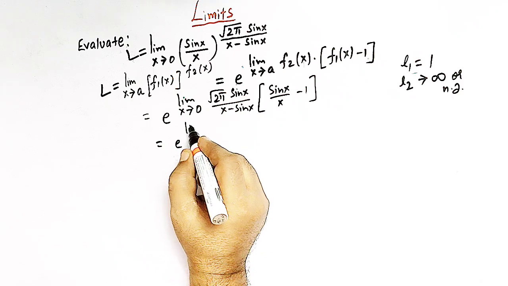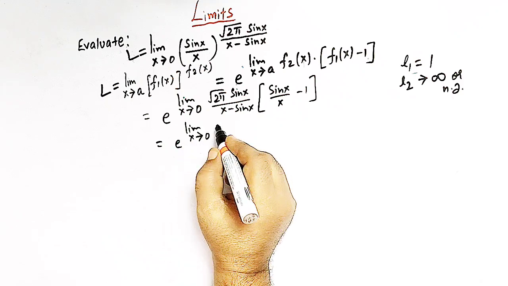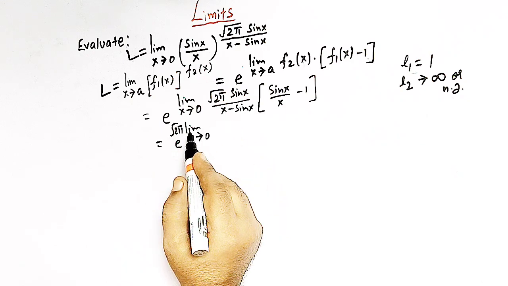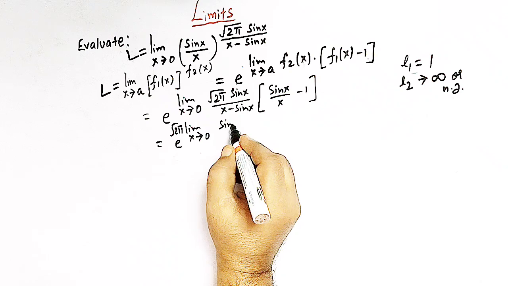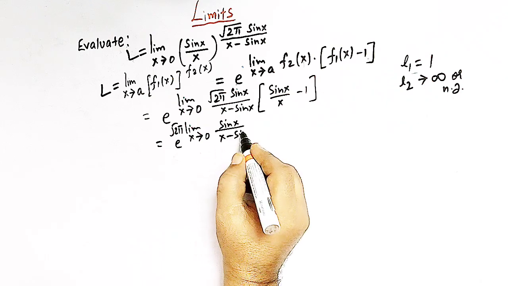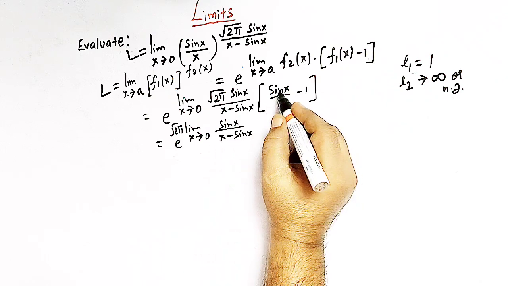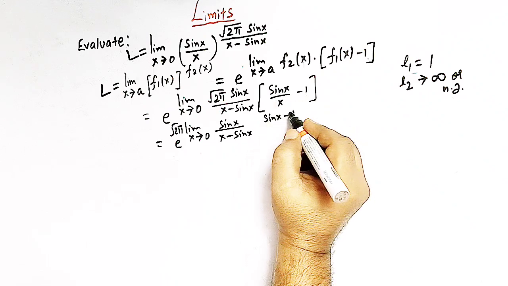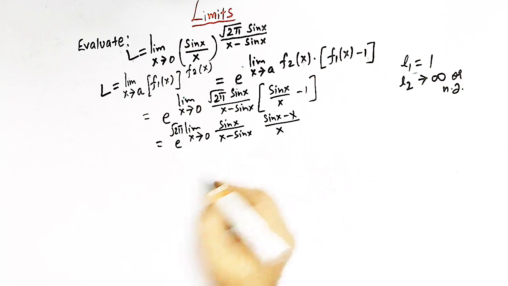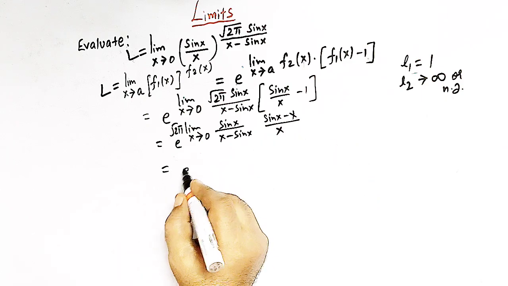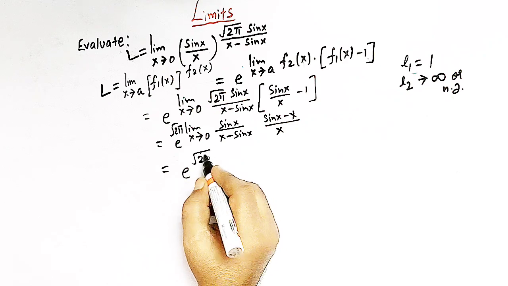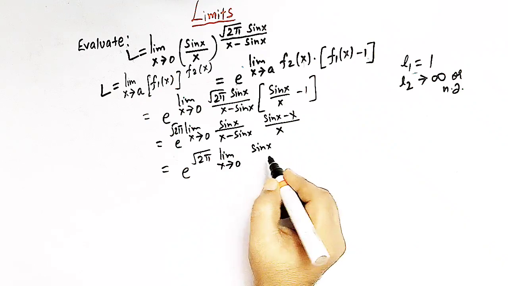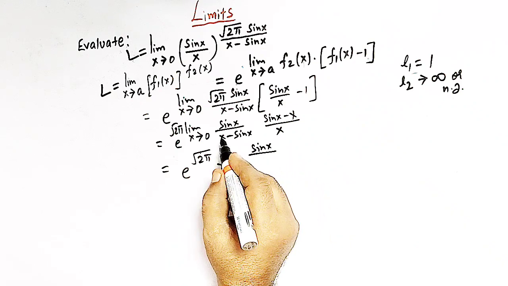So we can now write limit x tends to 0. Here square root of 2 pi can be taken in front of the limit notation, and here we have sine x over x minus sine x, and here if we solve this expression, we'll get sine x minus x divided by x, right? So now we can write e raised to square root of 2 pi, and then we have limit x tends to 0, sine x over here we have x minus sine x.